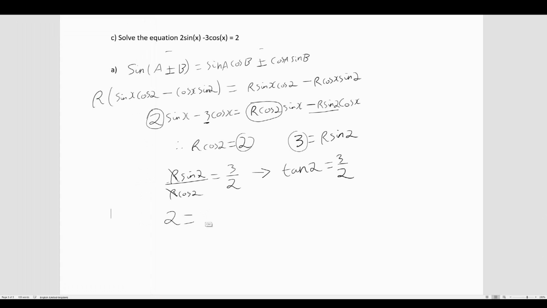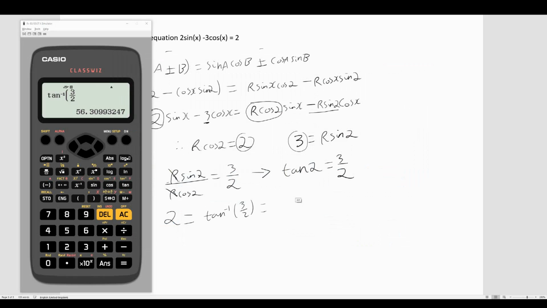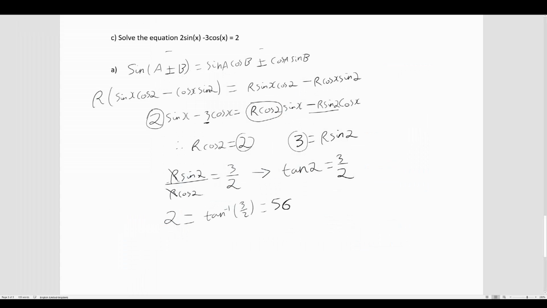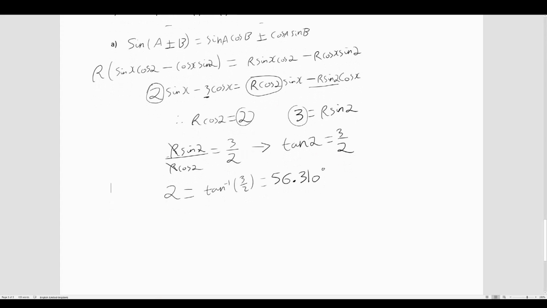So let me just show my workings. Arc tan, or tan minus 1 of 3 over 2, is 56.310 degrees. Great, so that gets me alpha. All that remains now is to get r. To do that, I'm going to square both of my equations for r.